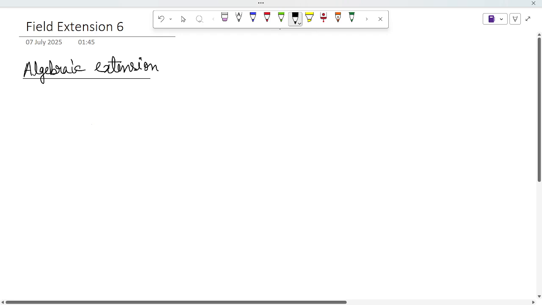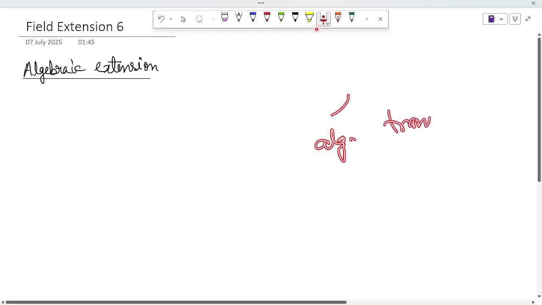Whenever you have a field extension, for example K over F, there are two types of extension. One is algebraic, one is called transcendental.